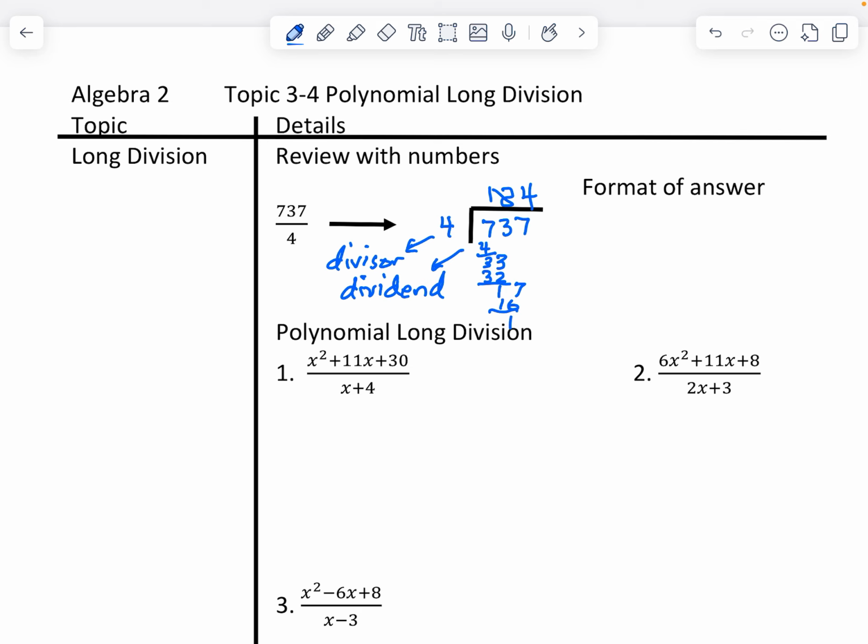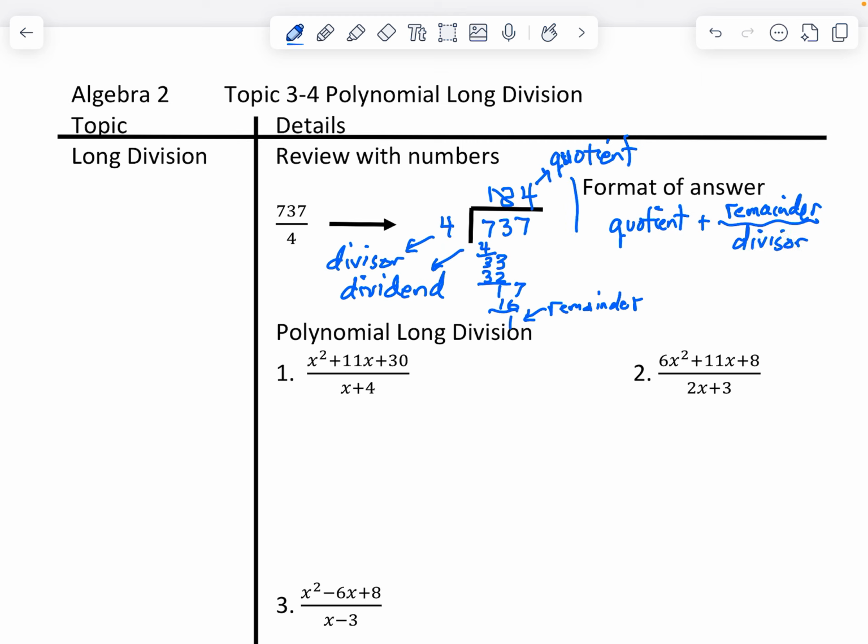So what we get is 184 with the remainder. We call that number down at the bottom the remainder. And we call the 184 the quotient. Okay, so when we want to format our answer, we take the quotient and we add to it the remainder over the divisor.